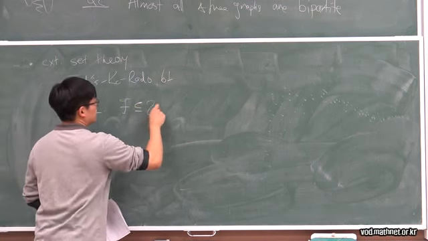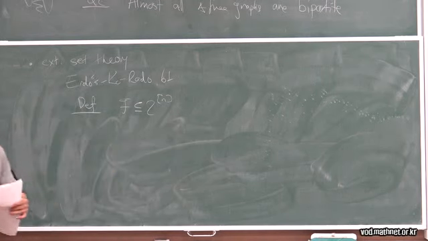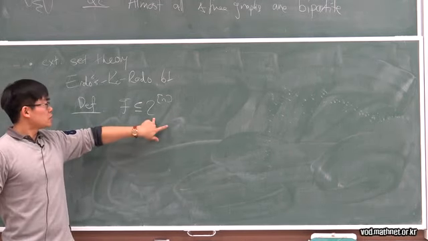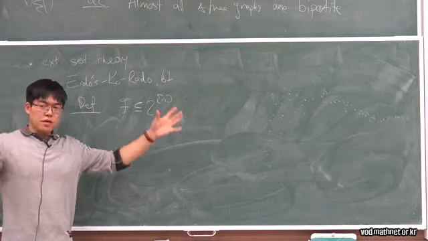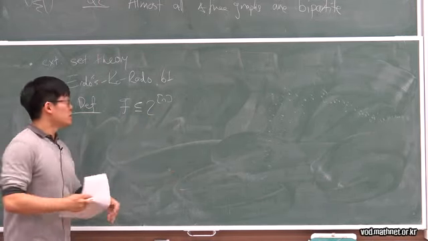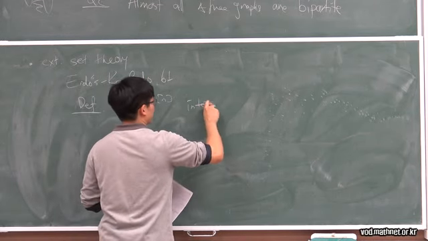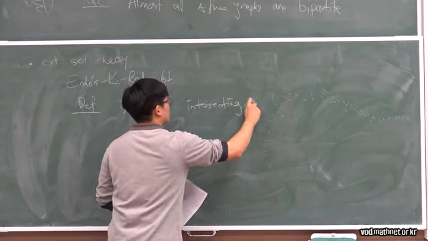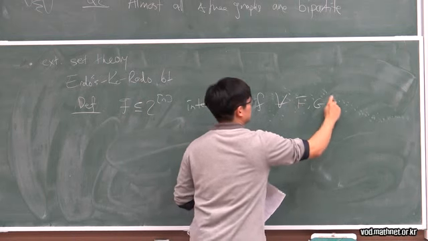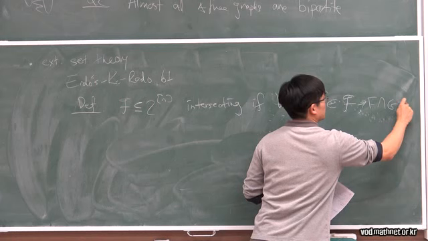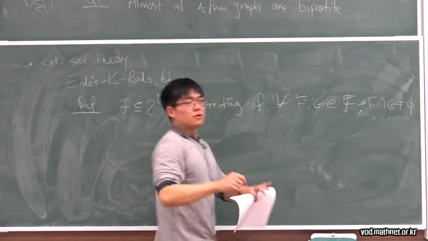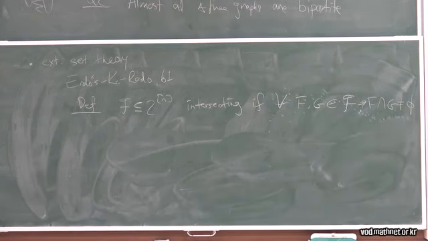Suppose we consider the power set of n, the collection of all subsets of 1 to n. If you take a family of subsets of n, then this family is called intersecting if any two members in this family have non-empty intersection. Yeah, they overlap somewhere.